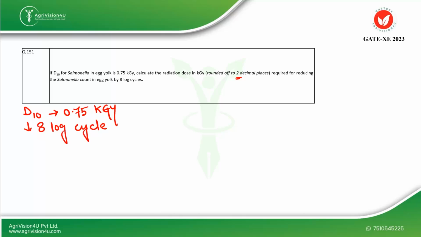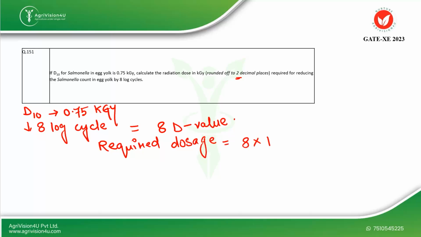Now we know that 1D reduction means 1 log cycle reduction. So to reduce the microbial load by 8 log cycles, it means that we have to reduce it to 8D value. So the required dosage will be 8 into D10 into 2.303.